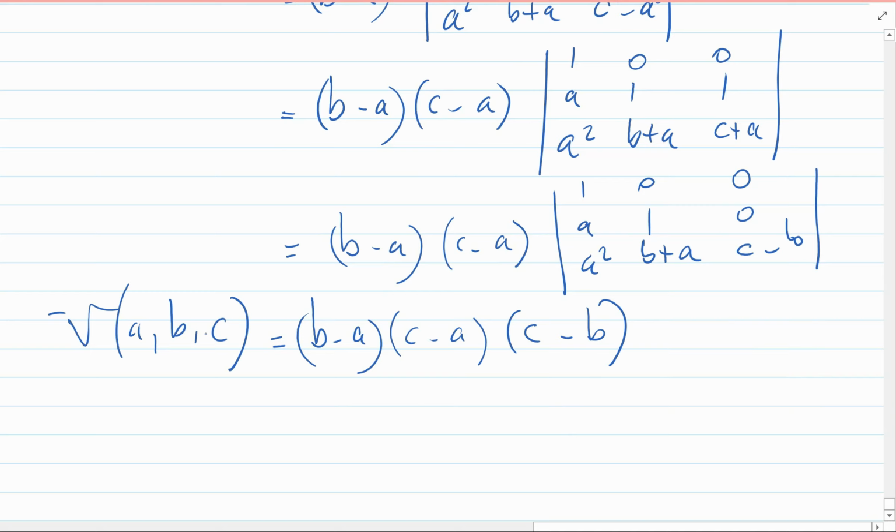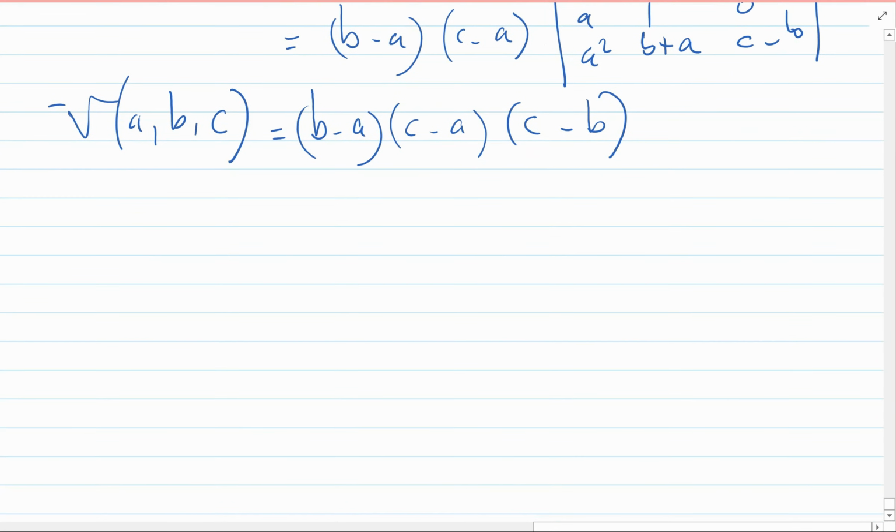Just to give you an idea, we can do V of a, b, c, d with the same technique. It's a little bit complicated because you are going to have a cubed minus b cubed, or b cubed minus a cubed, which is b minus a times b squared plus ab plus a squared.